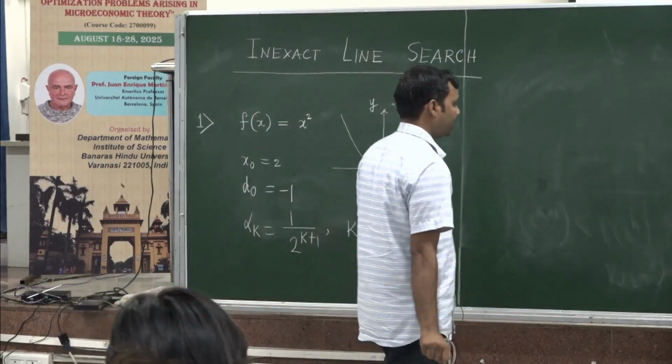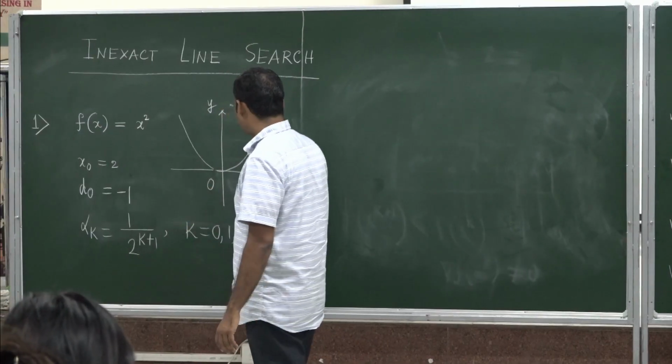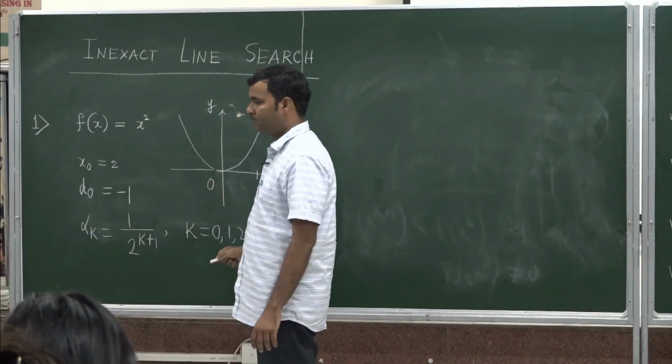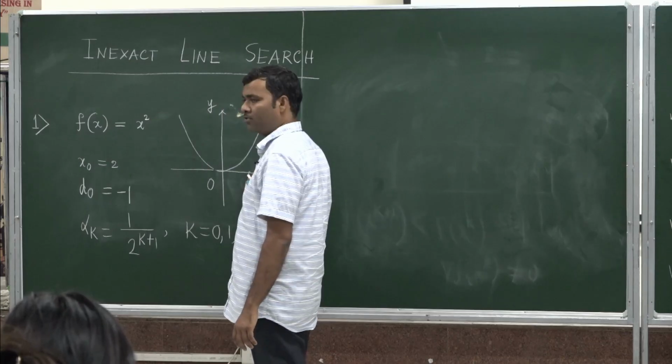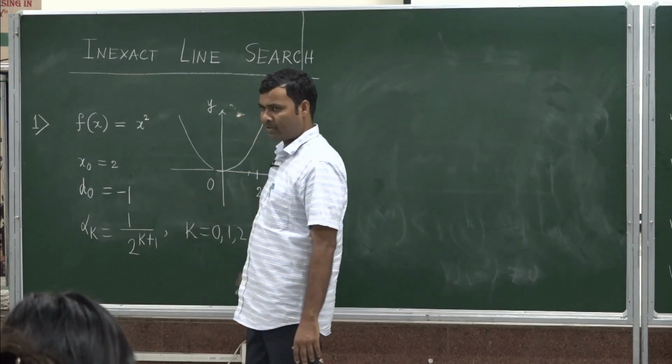If I follow this step, then it is quite obvious to realize that xk plus alpha k dk, then I am reaching on the downside, and then we will see that it is never exceeding 0, and therefore descent happens to be true, no doubt at all.